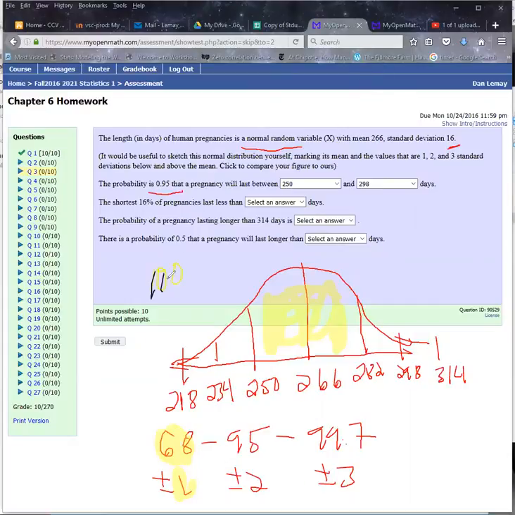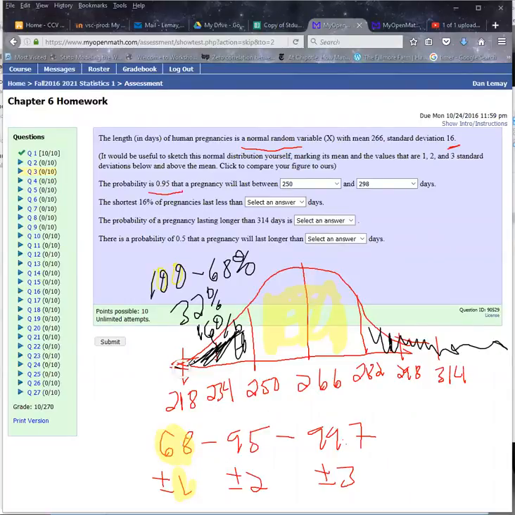Let me write it again in case somebody can't see that. And since this is a symmetric distribution, half of that's on each side. So this is 16%, or about 16%, and this is 16% up here.